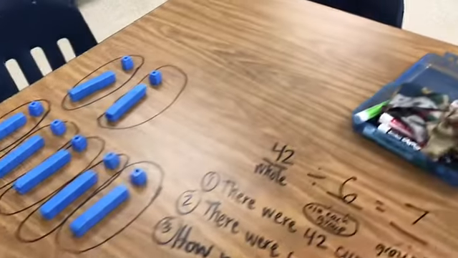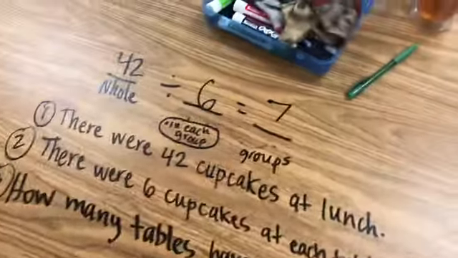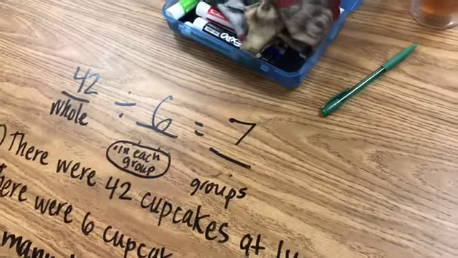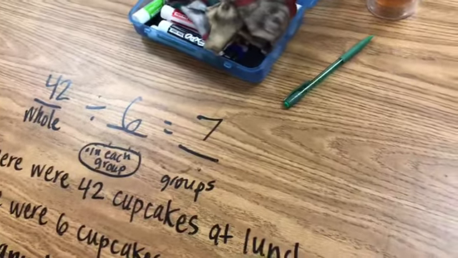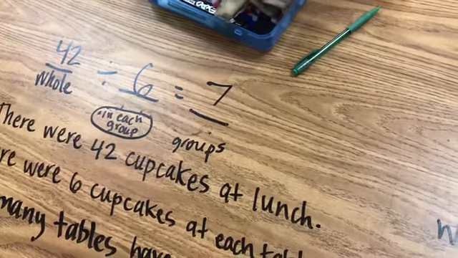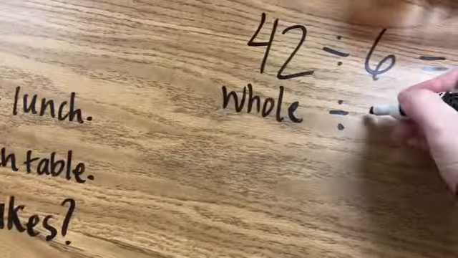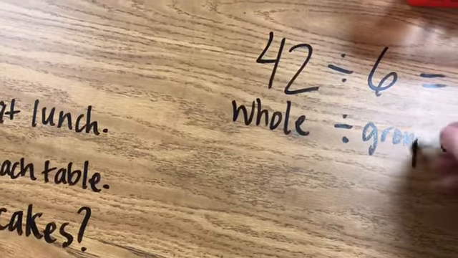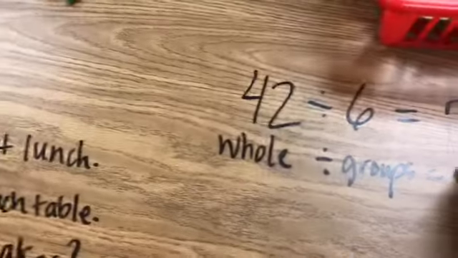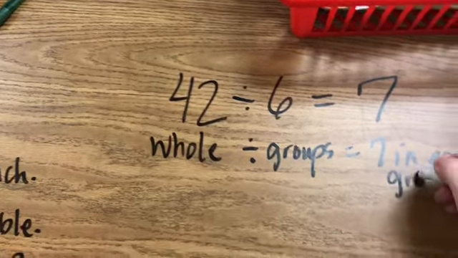Okay, now I'm about to blow your mind because we're going to do it a little bit different. We're going to take the same number sentence, but we'll do 42 whole cupcakes still, and instead of telling how many are in each group, we're going to divide it up into 6 groups, and then we'll have 7 in each group.